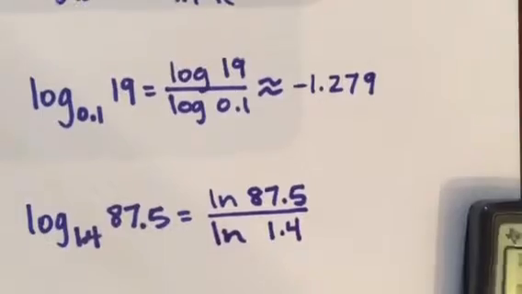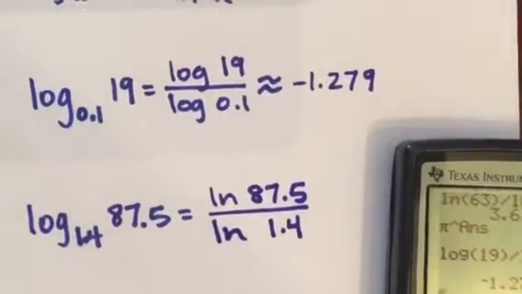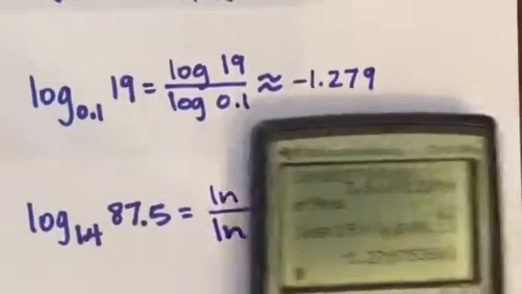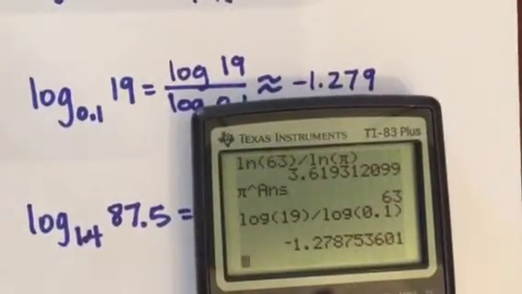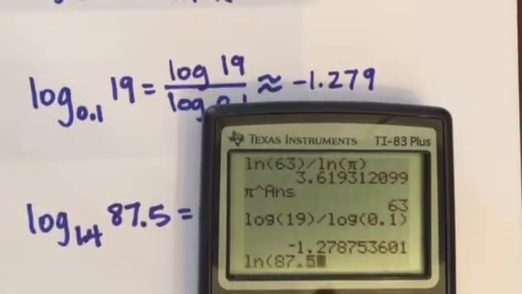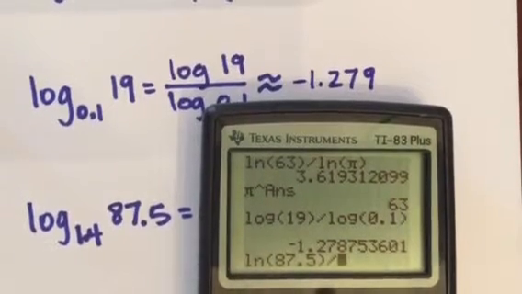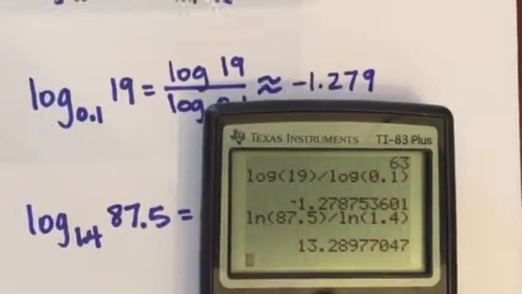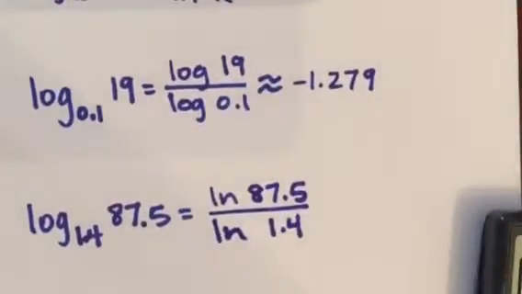Okay, and using our calculator for an approximation here, ln of 87.5 divided by ln of 1.4 gives us about 13.290.